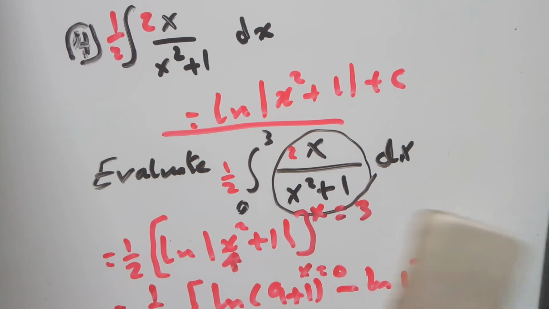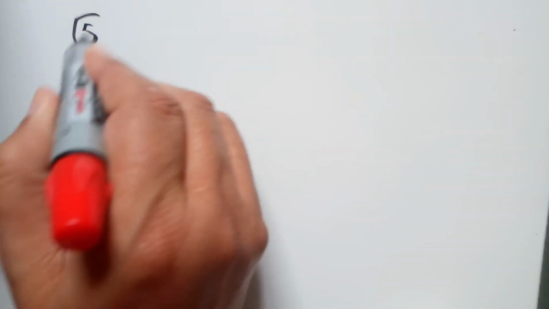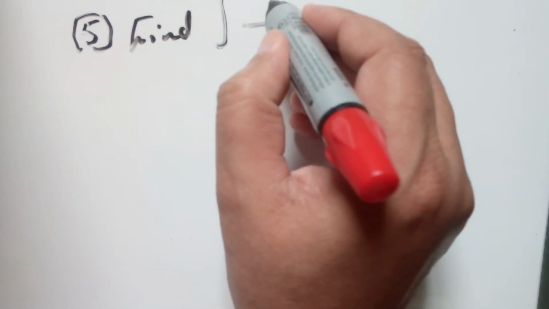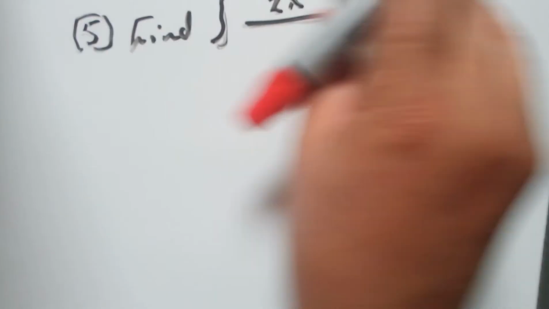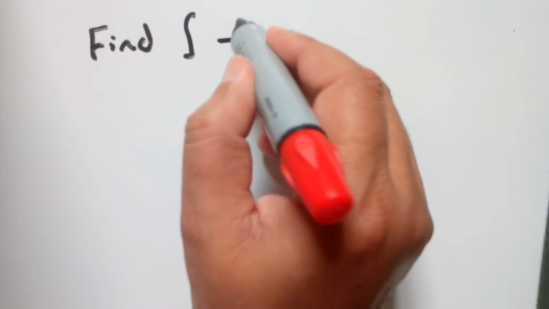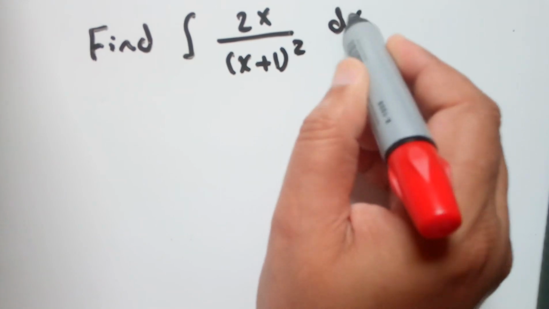Okay, another example. Number 5. Find the integral of 2x over x plus 1 all to the power 2 with respect to x.